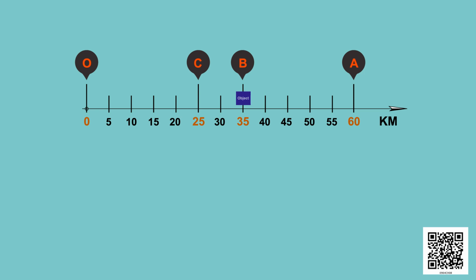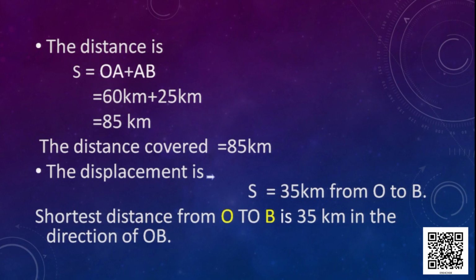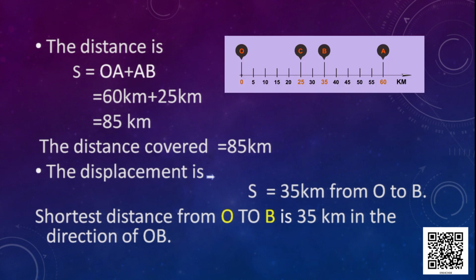The distance is certainly s equal to OA plus AB, because the object moves from O to A, then comes back to B. OA is equal to 60 kilometers, AB is equal to 25 kilometers. So the distance s equals OA plus AB equals 60 kilometers plus 25 kilometers equals 85 kilometers. So the distance covered is 85 kilometers.